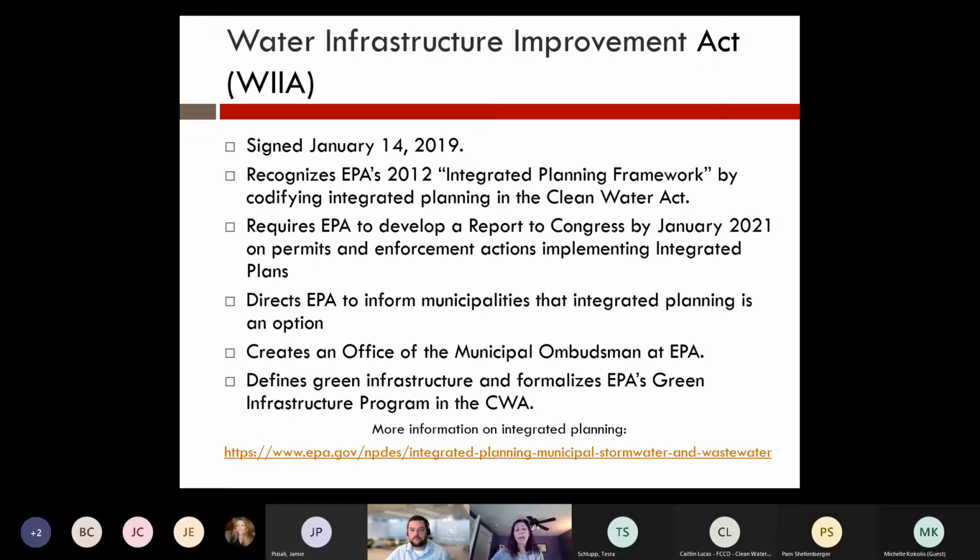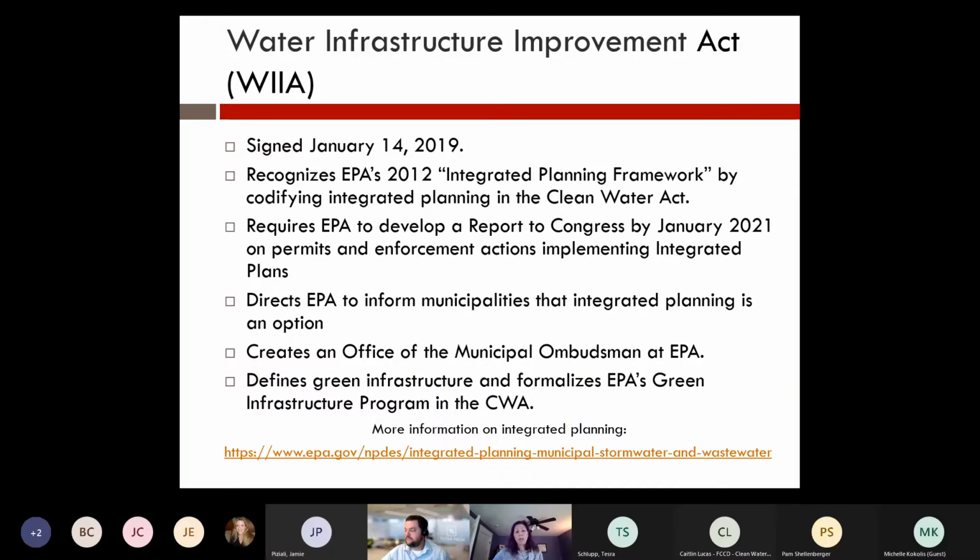And then the other thing that I really like about the Water Infrastructure Improvement Act is it formalizes green infrastructure by defining it, and it tells EPA, you are in charge of coordinating across the federal agencies with private and other public partners to educate and to talk about how green infrastructure can be included in enforcement cases, in permitting applications.